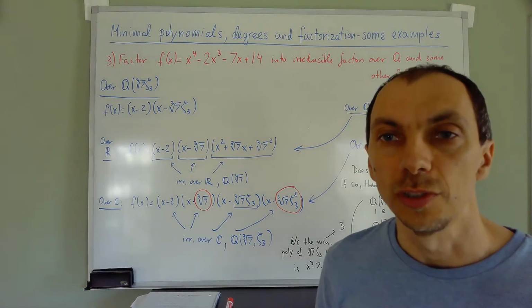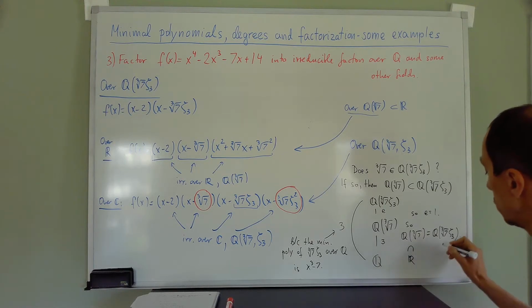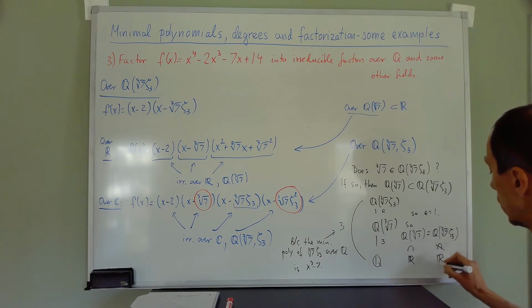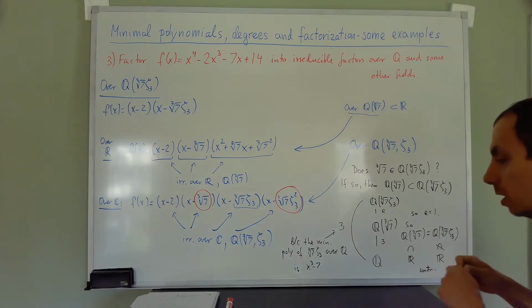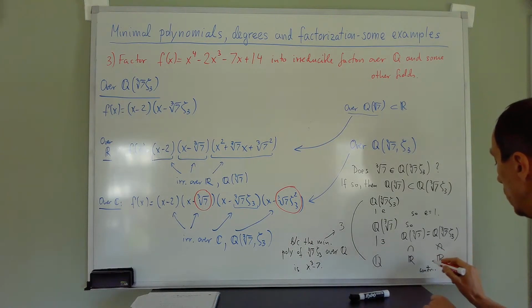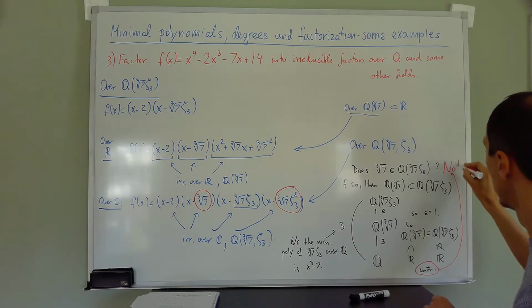And now I can use this trick by saying, well, that's not possible because that's contained inside the real numbers and this one isn't. So contradiction. Okay? So that shows me that the answer here is no.